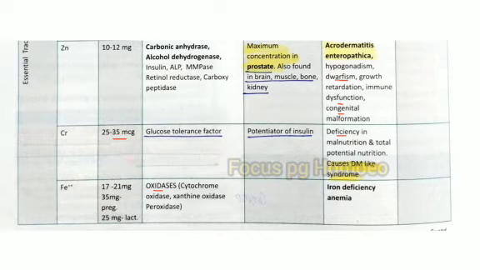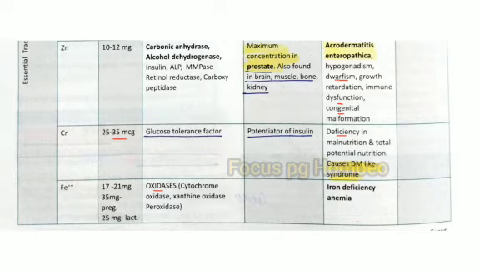Its deficiency leads to acrodermatitis enteropathica, hypogonadism, dwarfism, growth retardation, immune dysfunction, congenital malformation. Chromium daily requirement is 25 to 35 micrograms. It's a part of glucose tolerance factor and is a potentiator of insulin. Its deficiency may lead to diabetes mellitus like syndrome.